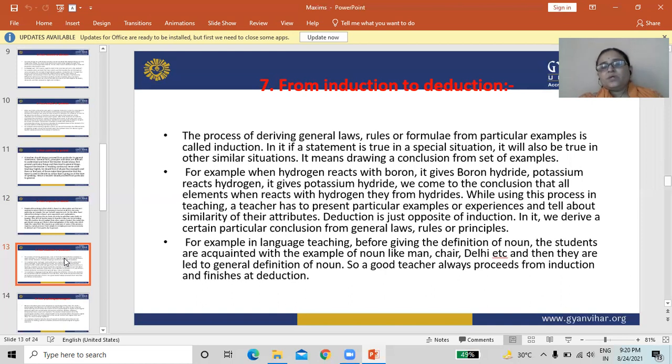We come to the conclusion that all elements, when they react with hydrogen, form hydrides. While using this process in teaching, a teacher has to present particular examples or experiences and tell about the similarity of their attributes.